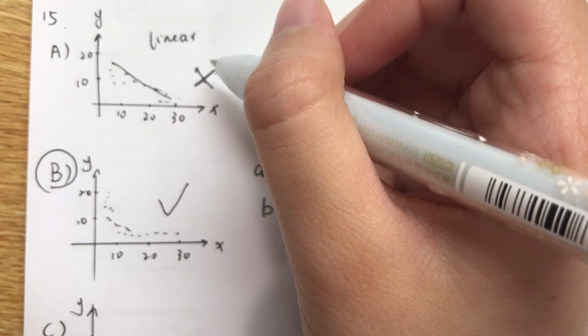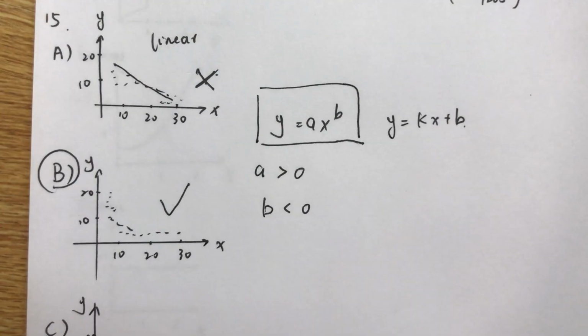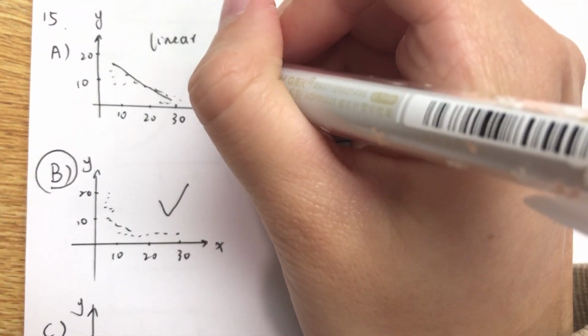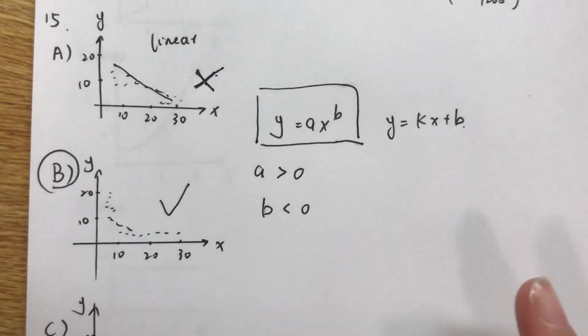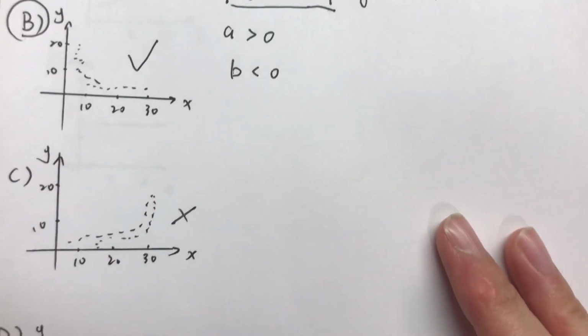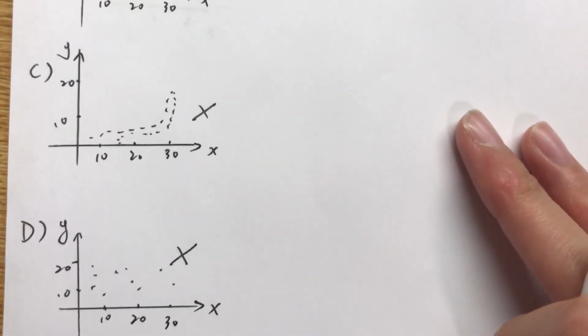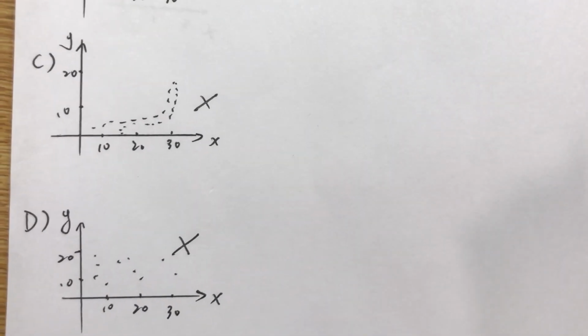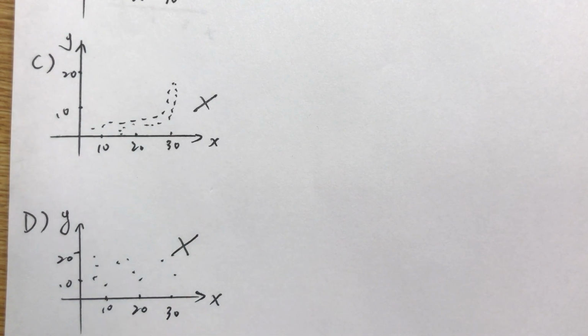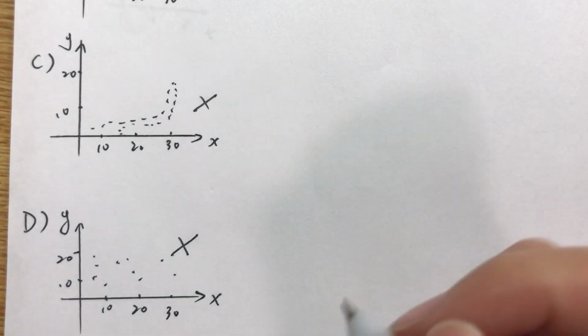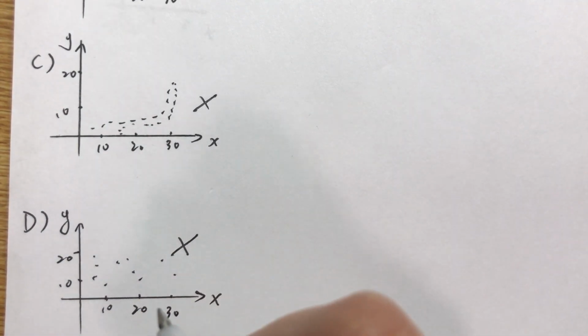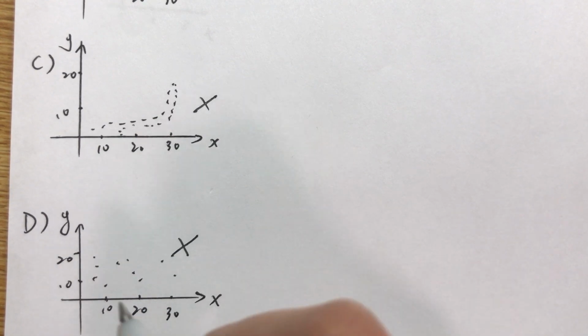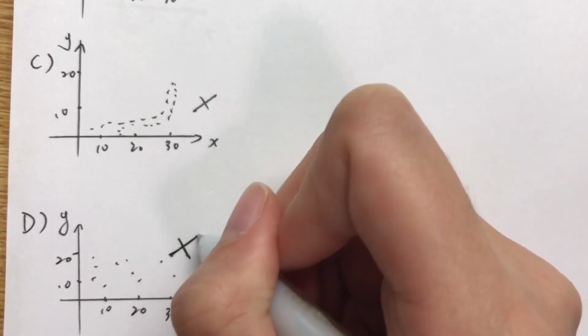So since in choice A, the graph looks like linear decreasing, this should be incorrect. So then we go down, look at choice D. For choice D, this is just a kind of random dots. It cannot be the correct answer because we cannot find any relationship from these random dots, so this is incorrect.